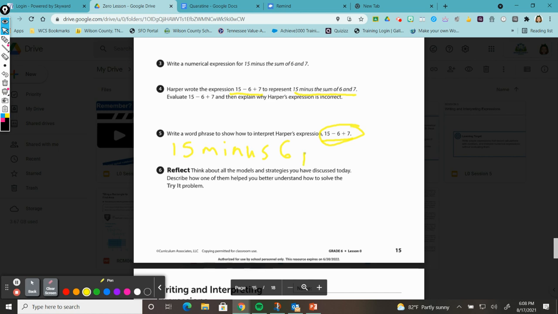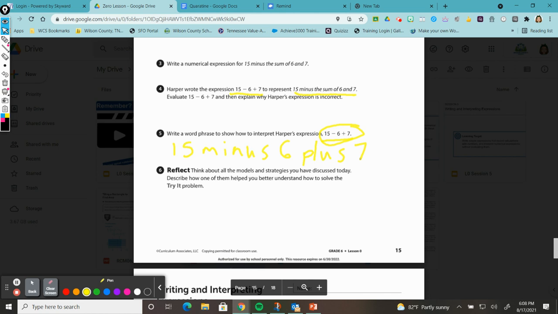Then we did plus 7. There are other ways to write that numerical expression as a phrase. This is just the easiest way for most to connect it, is to just write it in the steps and the order that you would perform the operations.